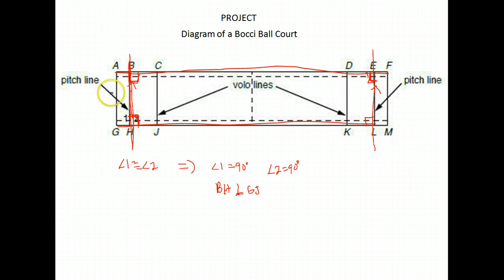Okay, so in this picture we are using the assumption that we knew that the pitch lines were parallel. Okay, so pitch line is parallel to the other pitch line at the other end, and we're also told that BH is perpendicular to the top and the bottom there.